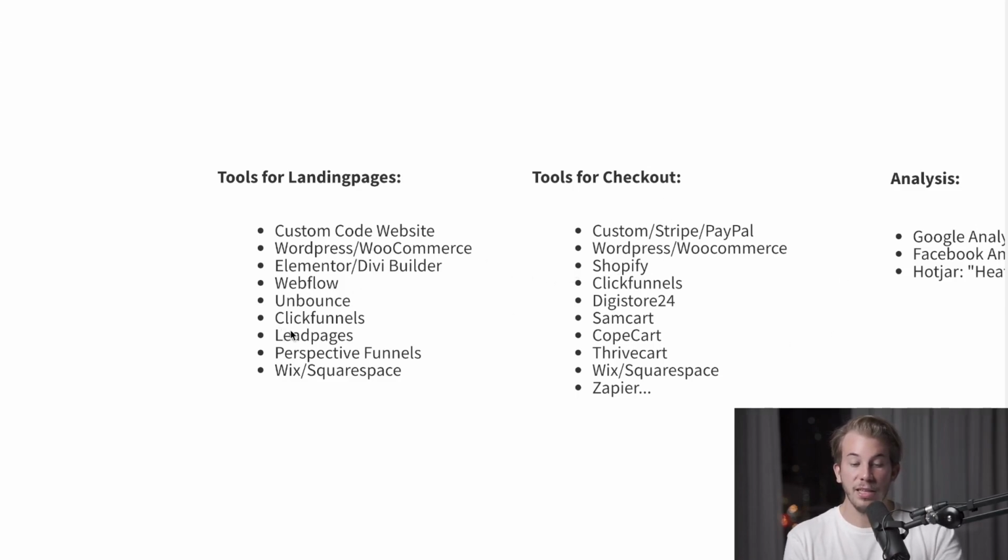But for example, Leadpages is mainly for lead generation, while Unbounce can be used for both. I think it's pretty easy, if you build these landing pages and you don't make it an email opt-in form, you can just leave out the email and only take the call to action button and send people to an external page later, which would be the checkout tool.